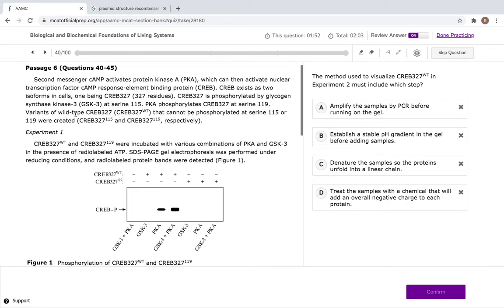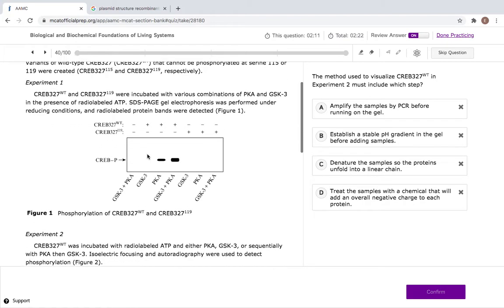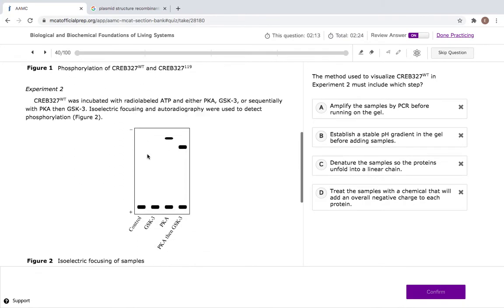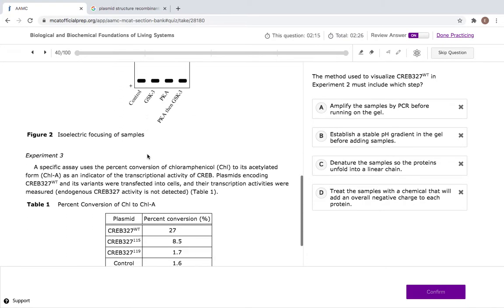Now you do have to pay for these, so I'm not sure how long this video is going to be up, but this is the last one I'm doing. I have 2 other videos breaking down section bank passages. Before I begin to break everything down, go through this passage and pause it when you need to.